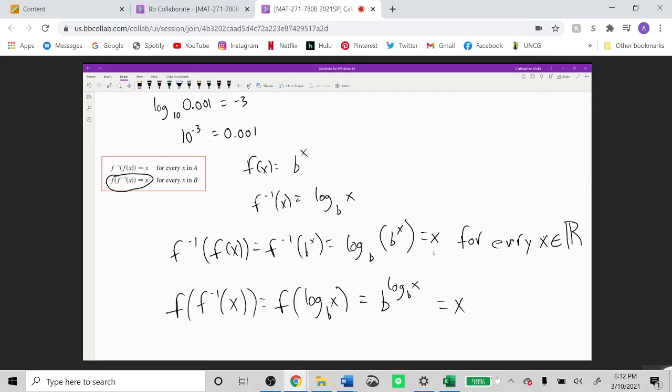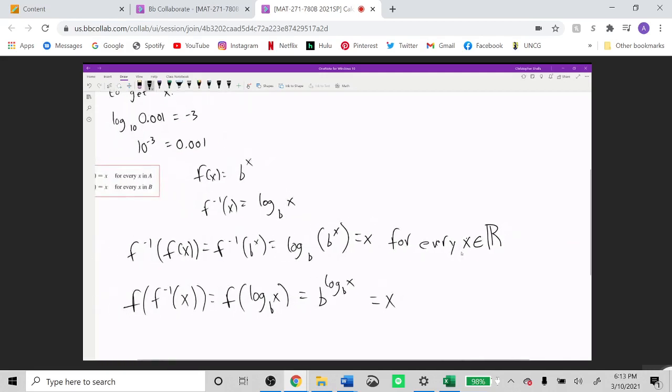Yes. And this is going to be true for every x value in the domain of this logarithm. Let me rephrase here. I can input anything into a logarithm that causes the argument of the logarithm to be greater than 0. So this is for every x greater than 0 in this case.